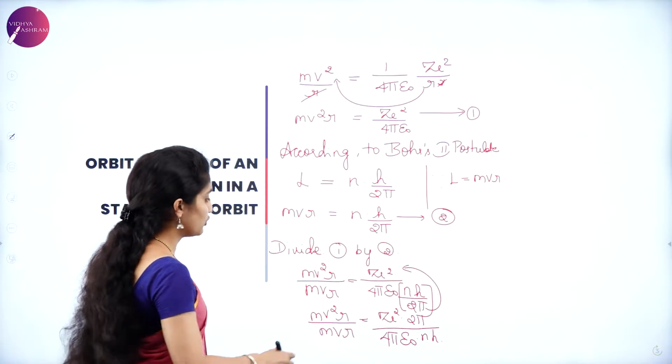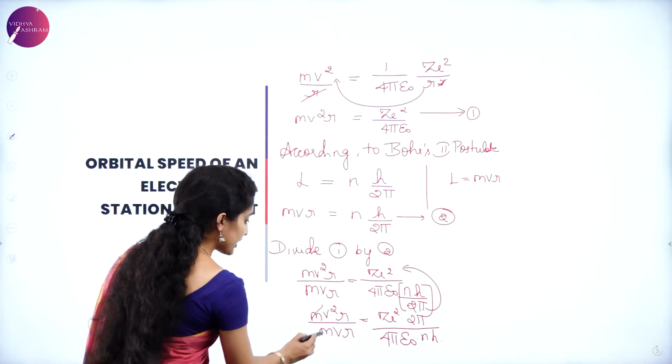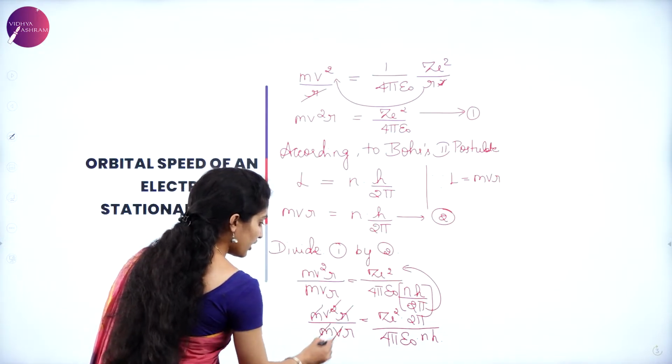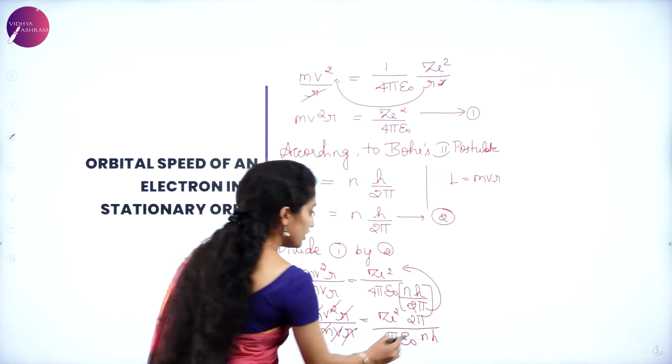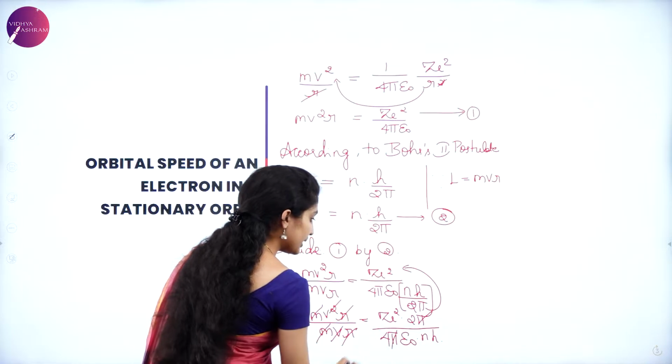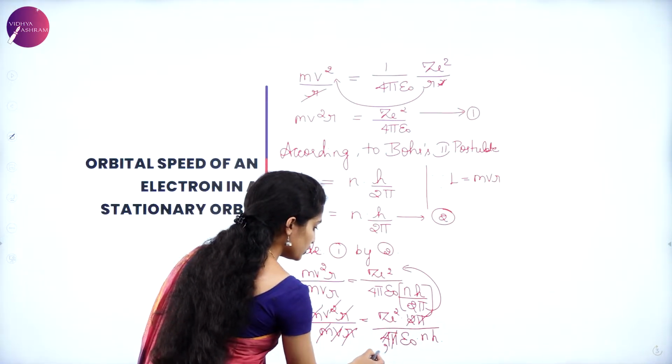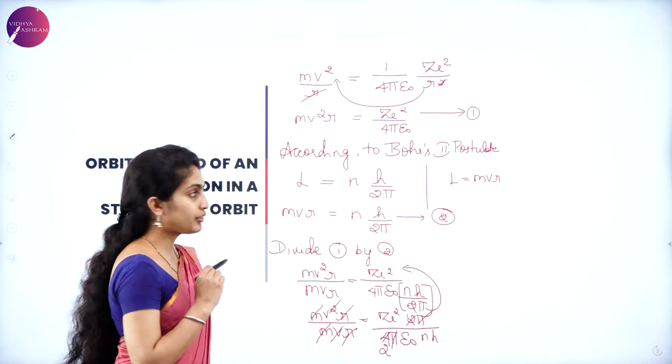So, this is a set of equation where m gets cancelled with m, v cancels with one v, and r cancels with r, and here pi cancels with pi, and we have 2 one times, 2 two times. So, what are we left with?